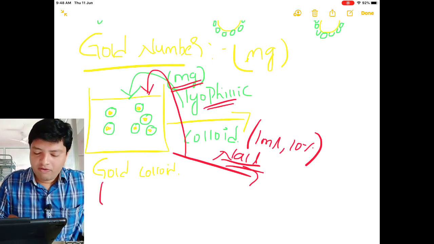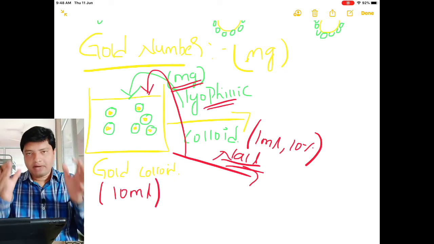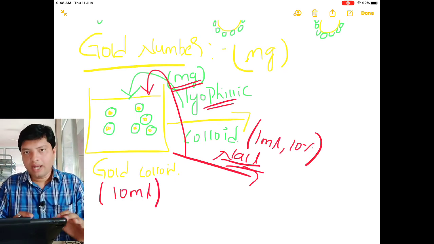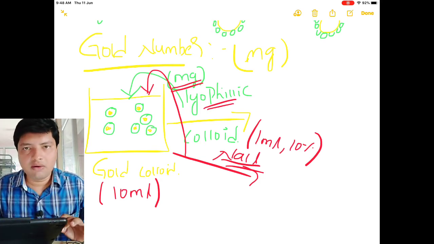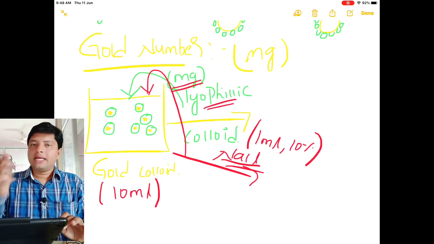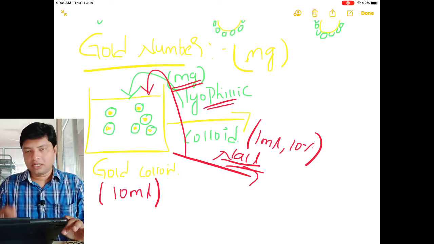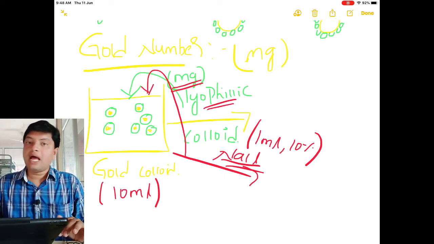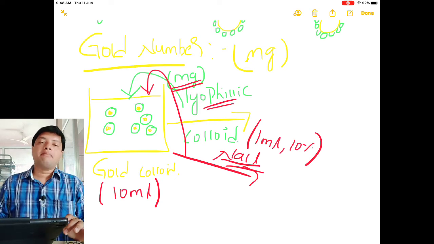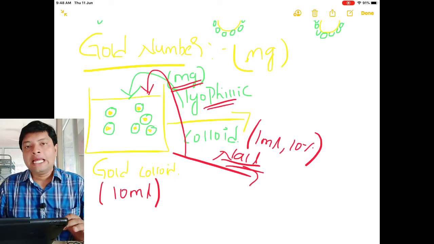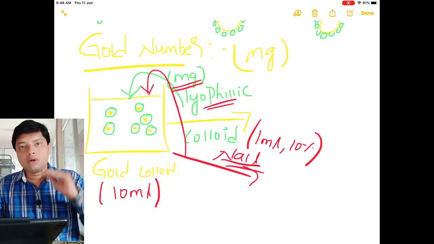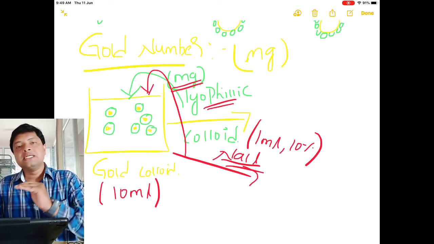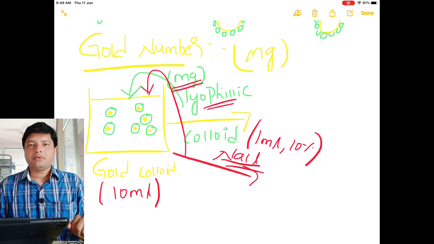We have taken 10 ml of lyophobic colloid. To this, I add X mg of lyophilic colloid, which stabilizes it by forming a solvent sheath. To destabilize it, I add 1 ml of 10% NaCl. Even then, the colloid is not getting destabilized.